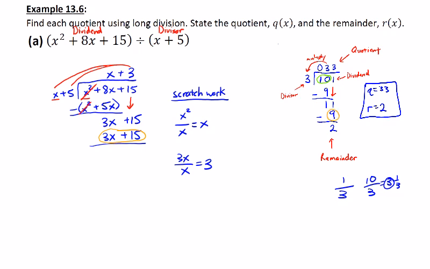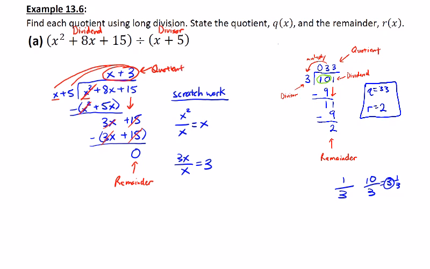So we got to go through that subtraction process now. I will subtract all of 3x plus 15, and this is nice enough to where everything ends up subtracting out to be 0, and that represents our remainder. And the x plus 3 up here at the top represents the quotient.